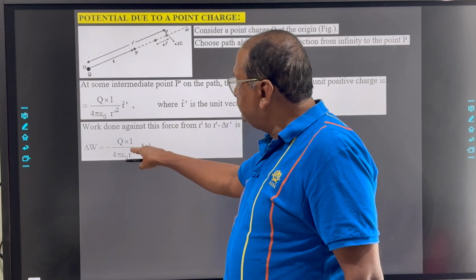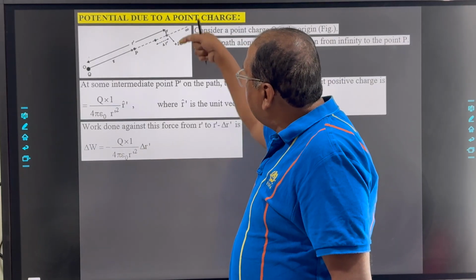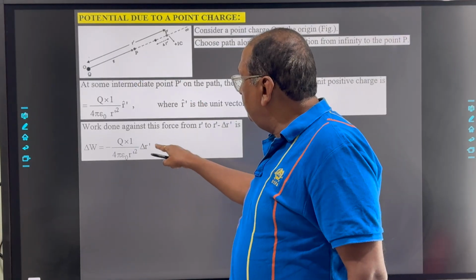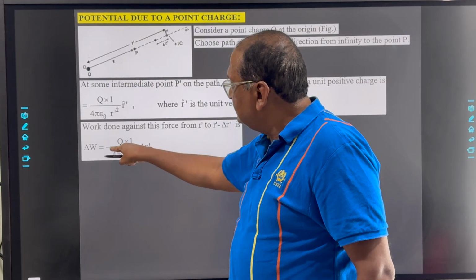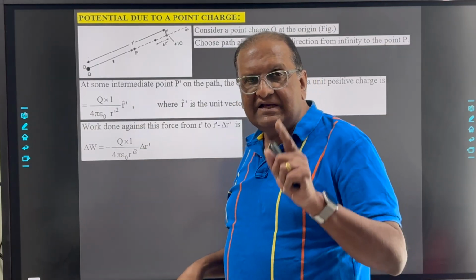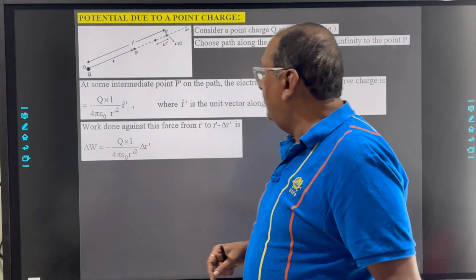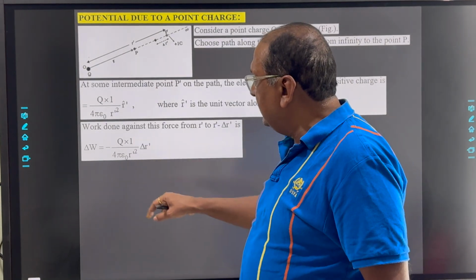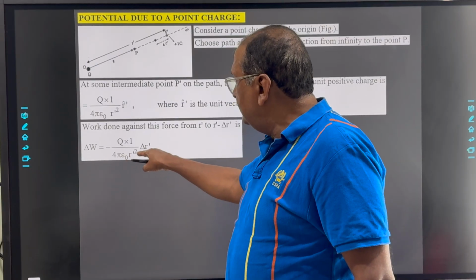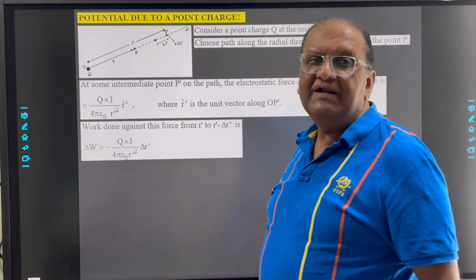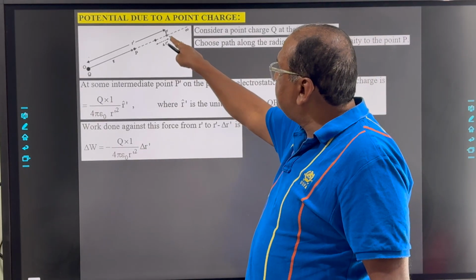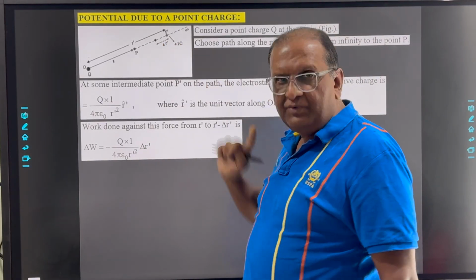For this force R dash caret is the direction, and the displacement delta R dash is in the opposite direction of the force, so minus R dash caret, so you can write negative sign here, and R dash caret dot R dash caret is equal to 1. So directly it is written minus Q into 1 upon 4 pi epsilon 0 R dash square delta R dash. This is the work done to move unit positive charge from P dash by this distance.